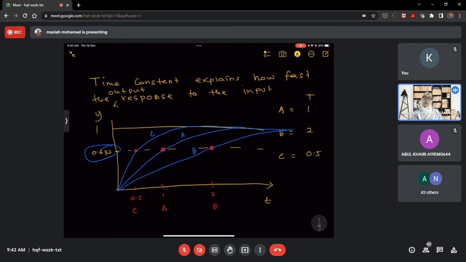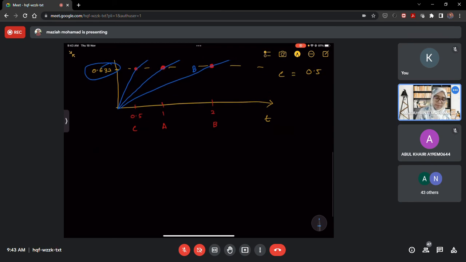Any question on the time constant? No. All right. So the last one is K. K is the static gain, or sometimes we know it as the static transfer function.